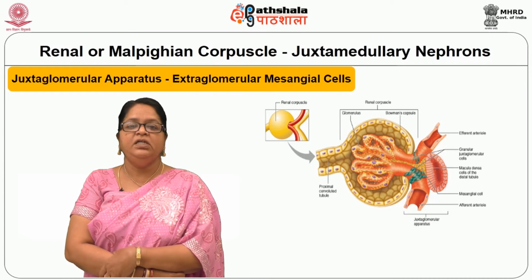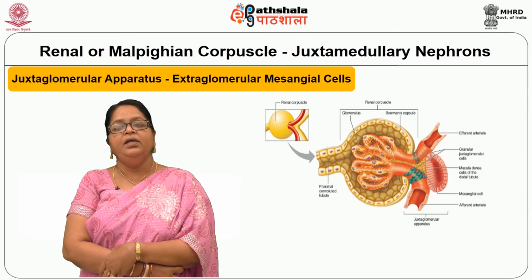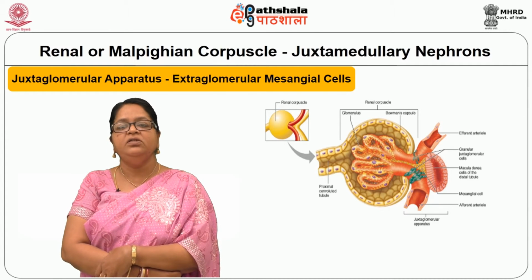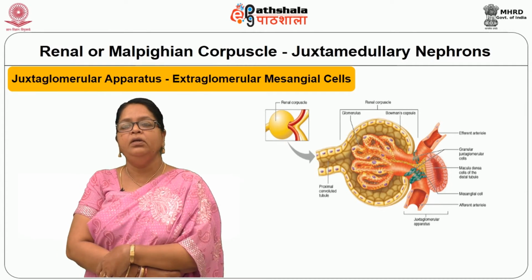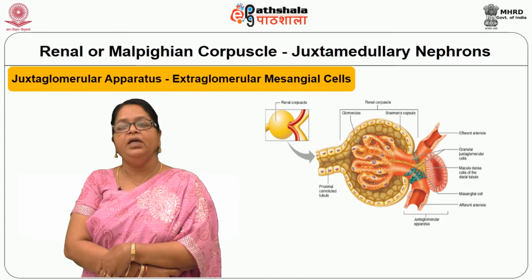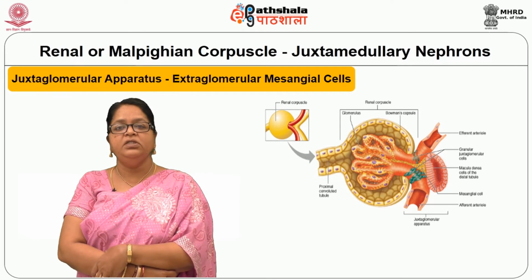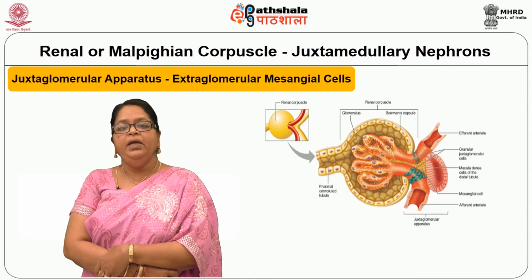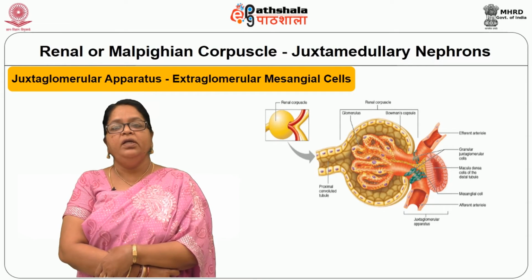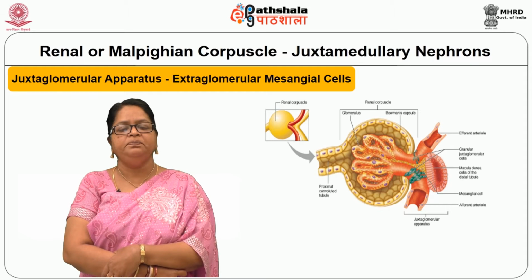Another type of mesangial cells are situated between the glomerular capillaries and are called glomerular mesangial or intraglomerular mesangial cells. These cells support the glomerular capillary loops by surrounding the capillaries in the form of a cellular network. They play an important role in regulating glomerular filtration due to their contractile property.